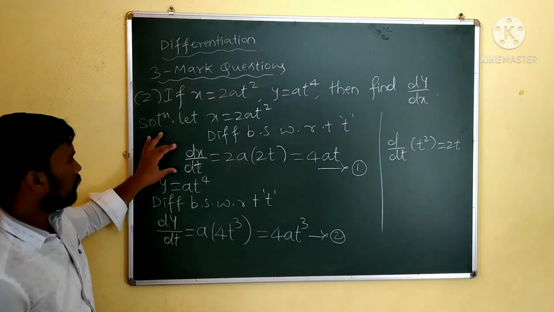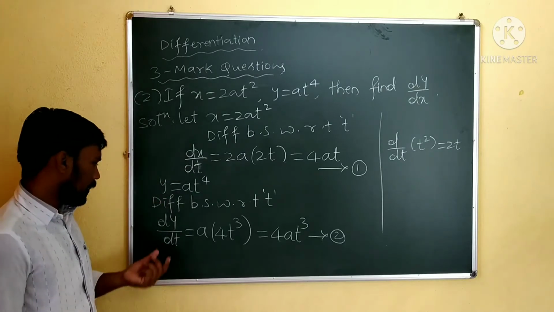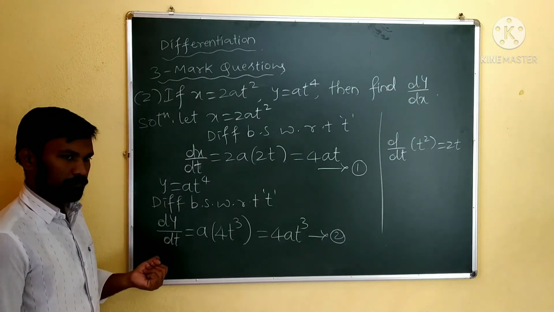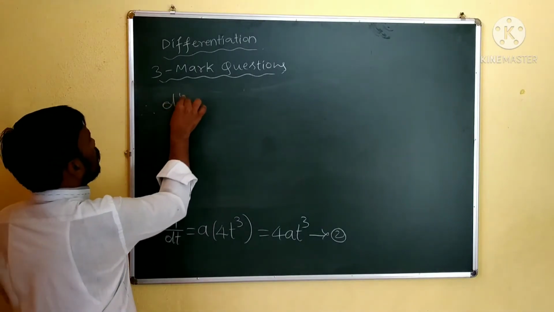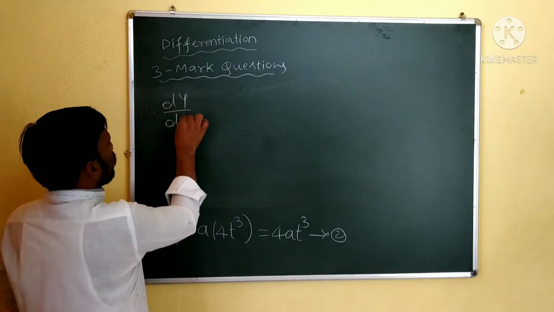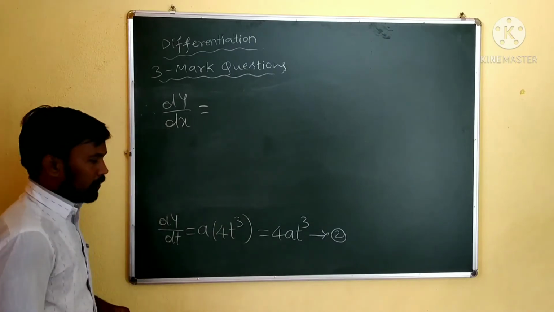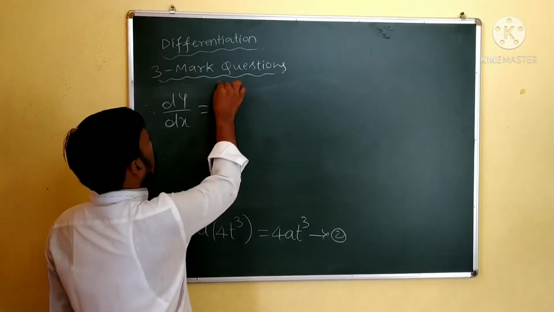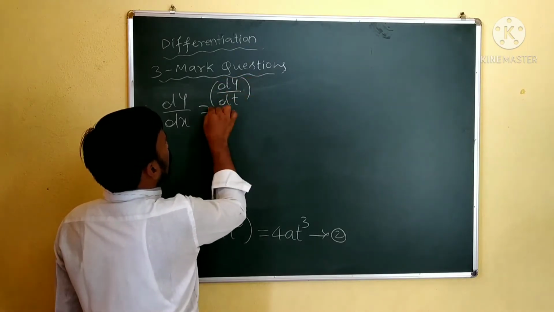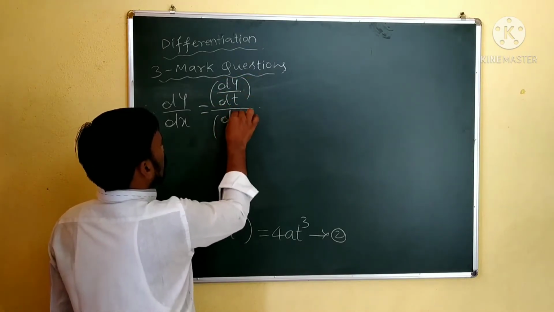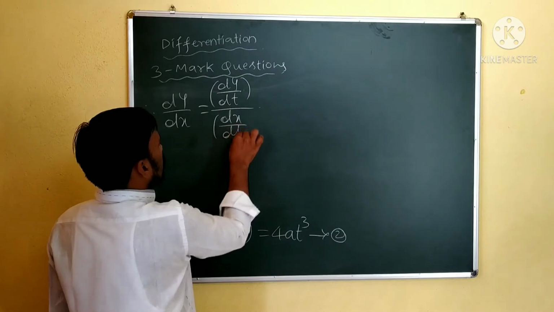Okay. So we calculated dx by dt from the first equation and dy by dt from the second equation. Therefore, now calculate the dy by dx value. Can we write it like this? dy by dt divided by dx by dt.